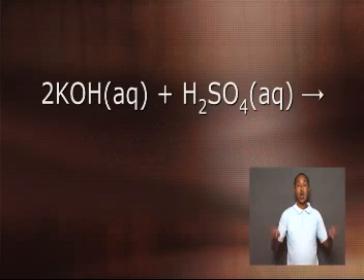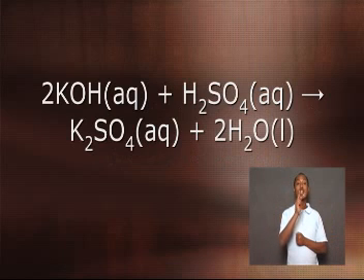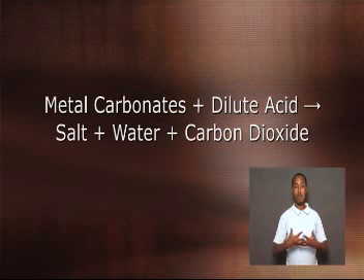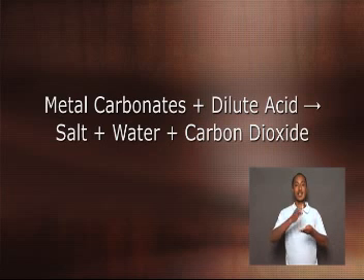When potassium hydroxide reacts with sulfuric acid, potassium sulfate and water are formed. Metal carbonates, or hydrogen carbonates, combine with dilute acids to release carbon dioxide and form salt and water.